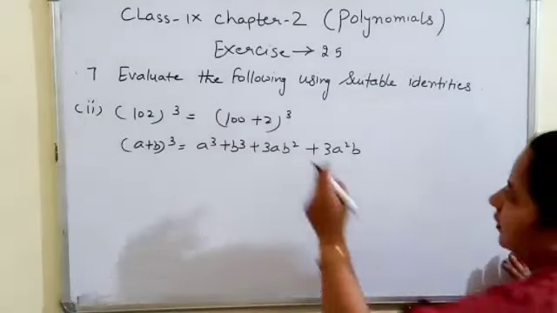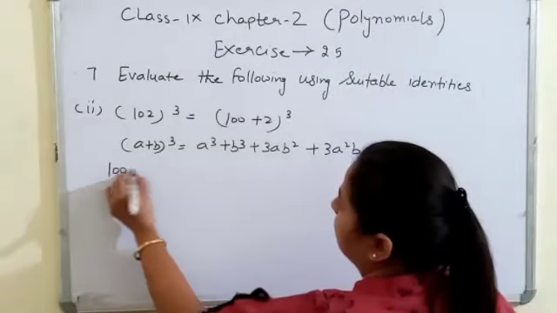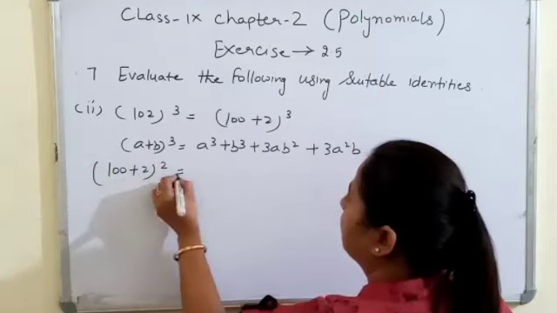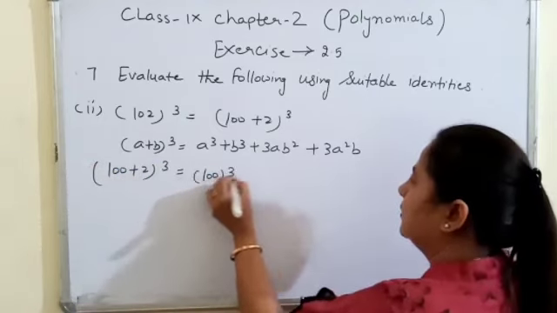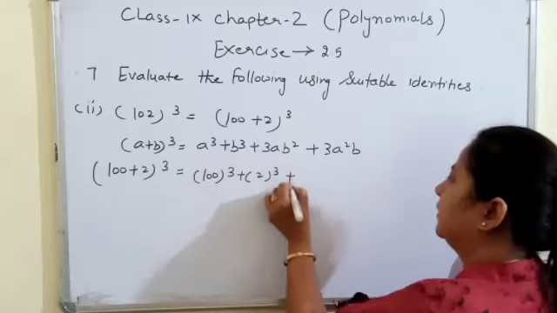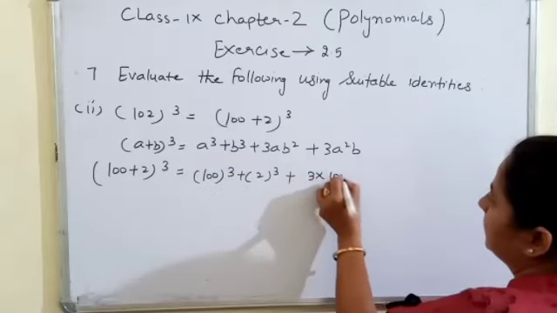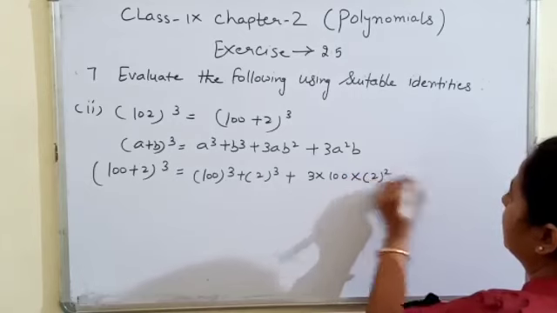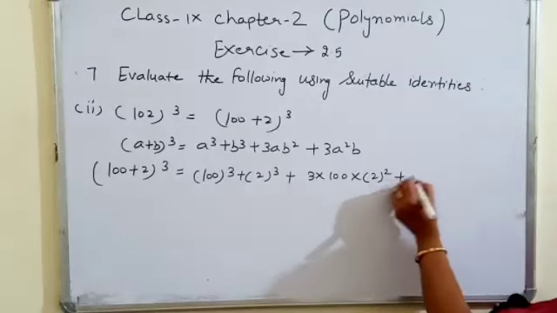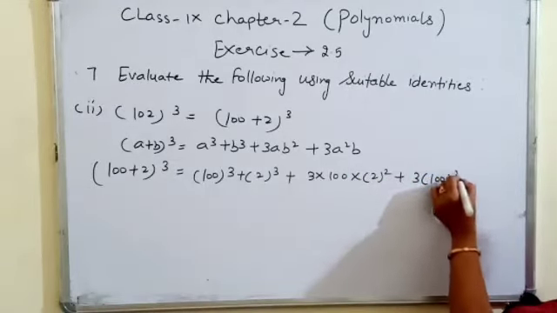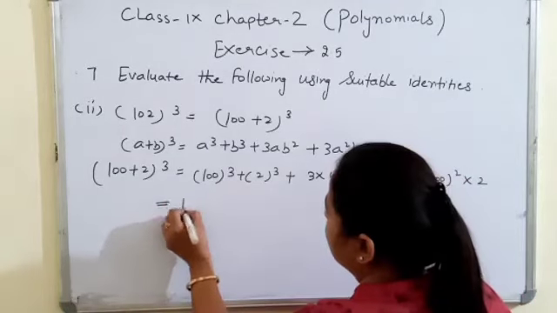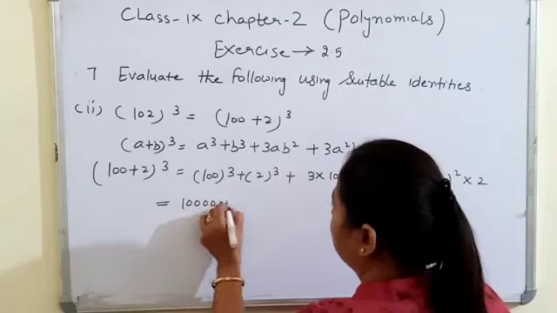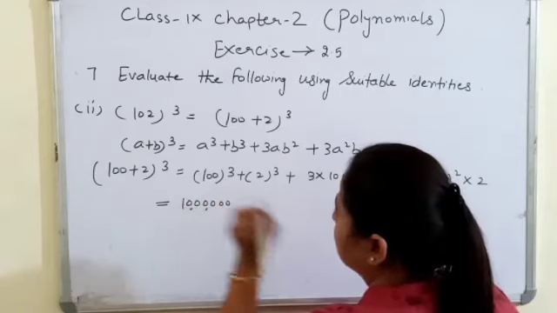So a is 100 here and b is 2. A cube plus b cube plus 3a square into b plus 3a b square. So 100 to the power 3, it means we have to multiply 100 up to 3 times. So this is the result.